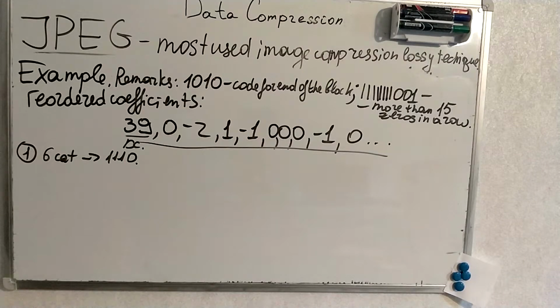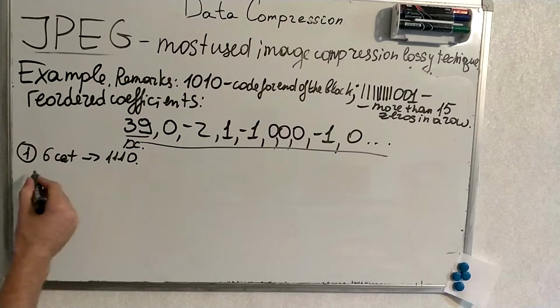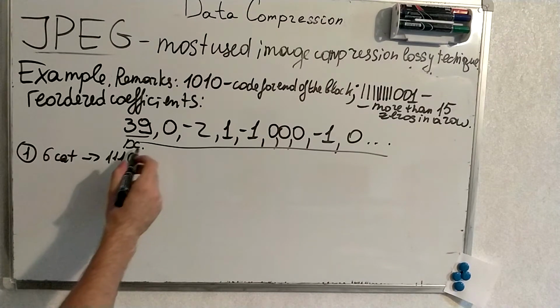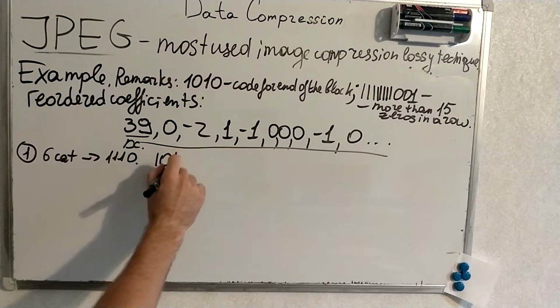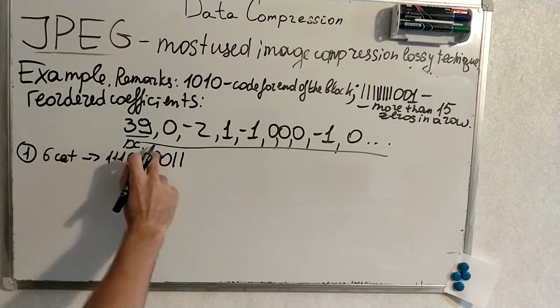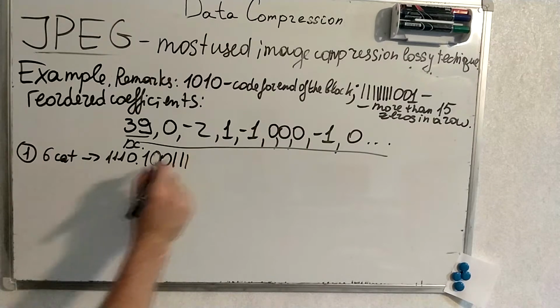Also, we have to store the binary representation of 39, because what we store now is only the category we are in. So the binary code for 39 will be 100111.